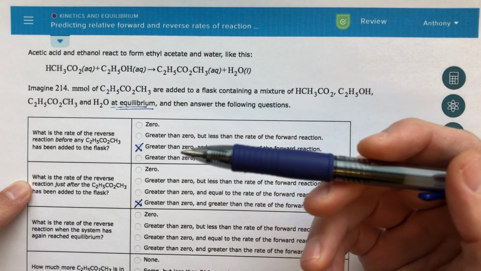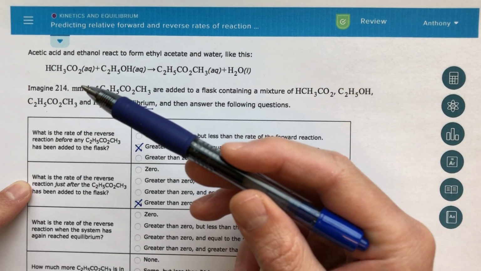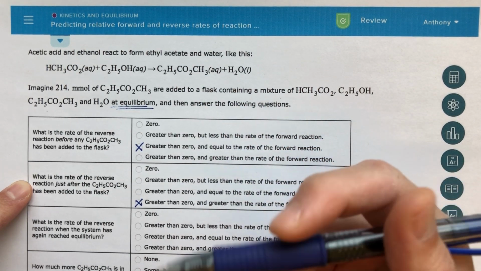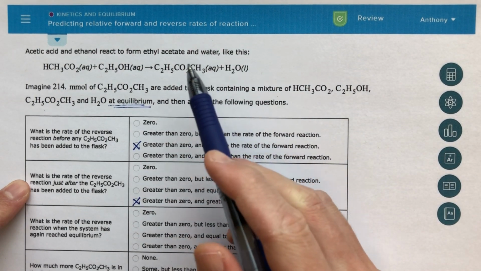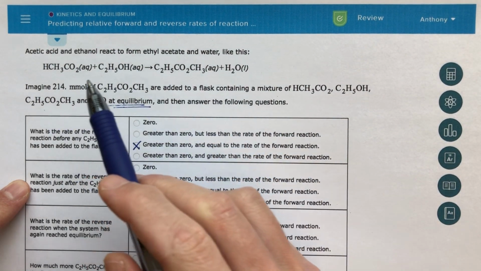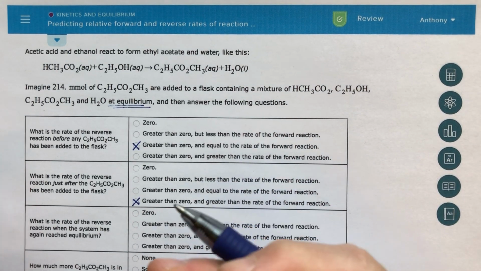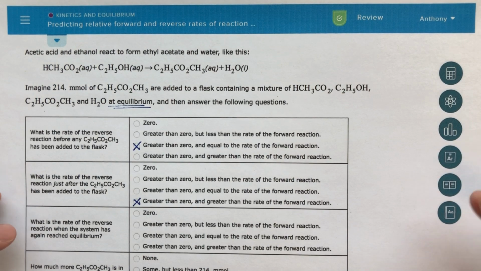It's going to essentially cause this reaction to shift back to the left because we've added in more of this product. So that's the concept we're trying to get at here. If you add in more of one of these species, the equilibrium is going to shift to counteract that. That's essentially Le Chatelier's principle, and we'll obviously be talking more about that as we move forward.